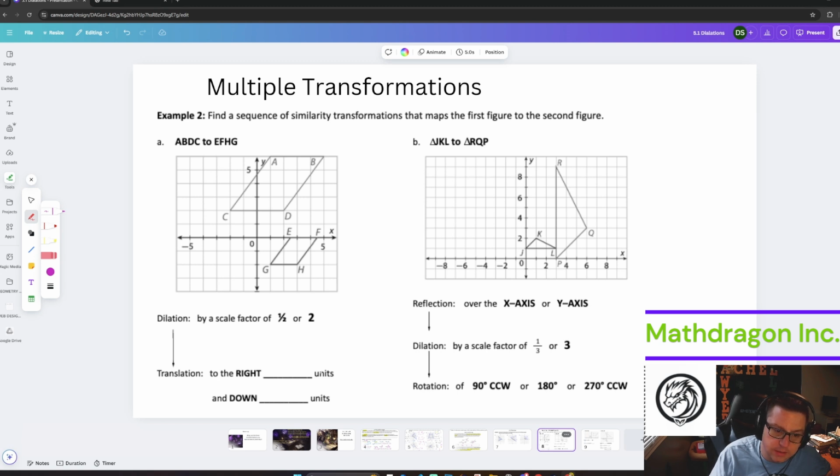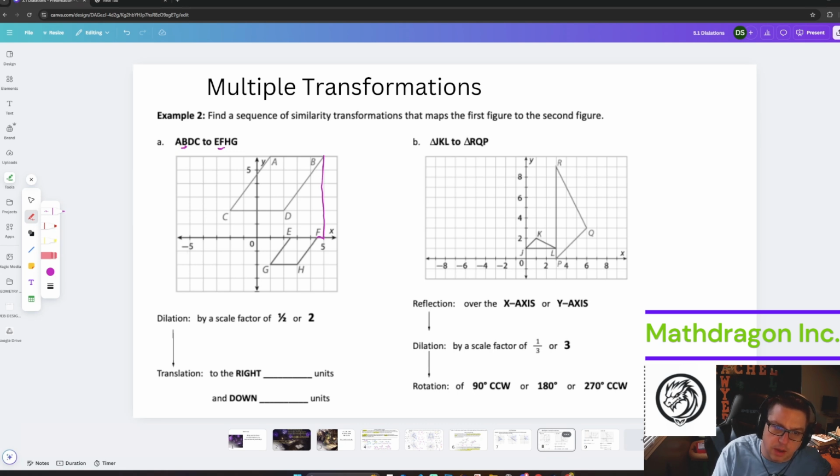Translate to the right, blank units down. So when we go from B to F, because the second letter is B, the second letter is F, I'm going to go down, and then I'm going to go left.